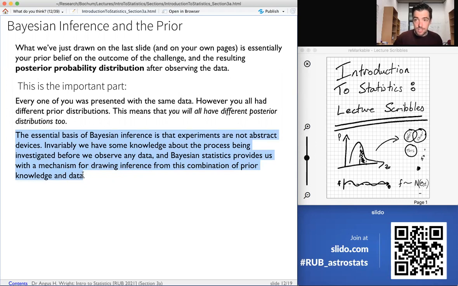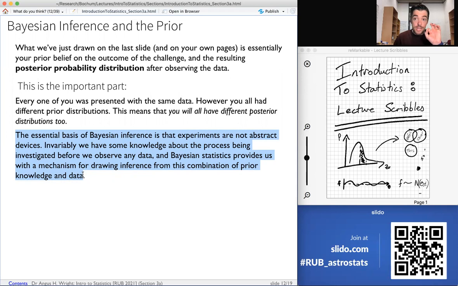In the classical inference form, there is no method for creating any sort of subjective outcome. The data given the model is an objective quantity. It doesn't matter what you think, that's the probability of the data given the model.